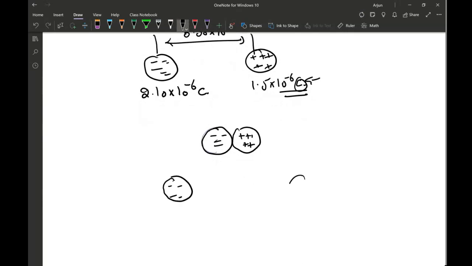Both the sphere A and B are moved back to their original position at a distance of 3.30 times 10 raised to power negative 2 meters.